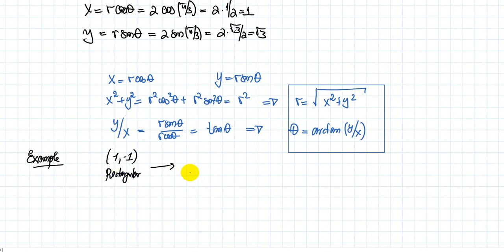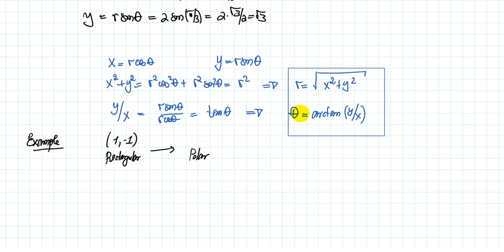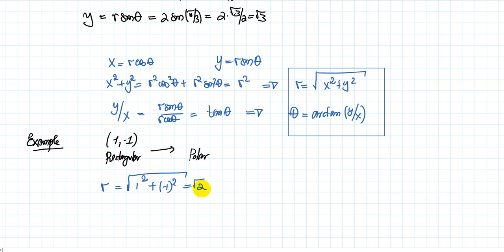I would like to find the polar coordinates. In order to do this, I'm going to find the r. It is going to be 1 squared plus minus 1 squared, under the square root, so it's going to be square root of 2, right? The first coordinate of this point in the polar system is going to be square root of 2.